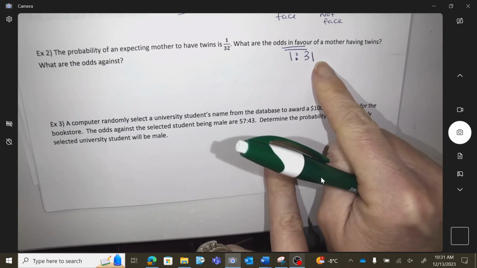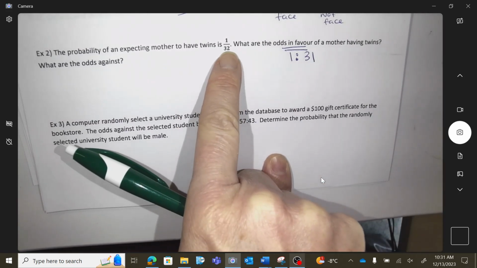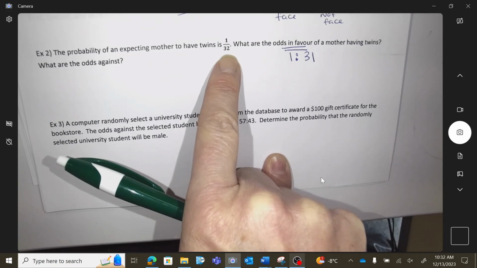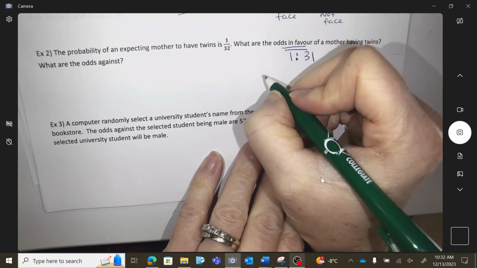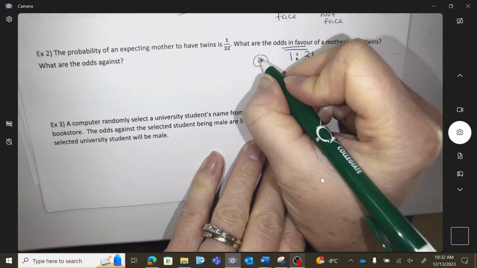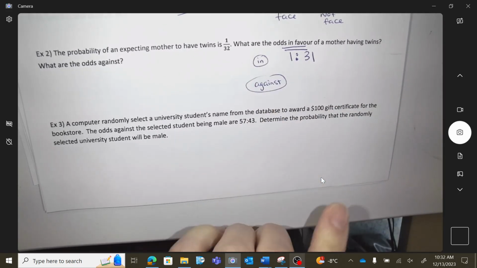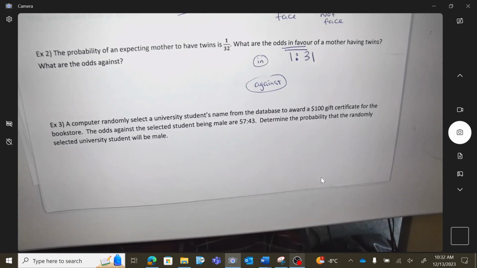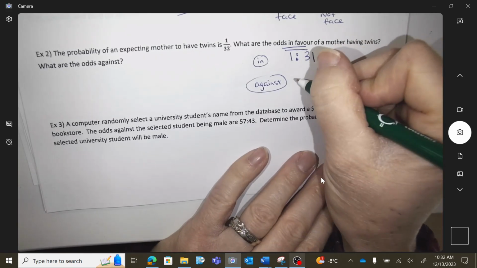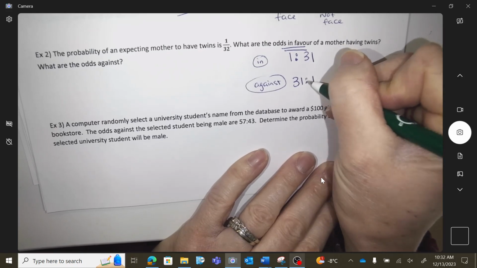Remember, these numbers always add up to the all. The all was the 32. So that's the in favor. What are the odds against? How would you write it if I'm saying what are the odds against? You would write it in the opposite way.